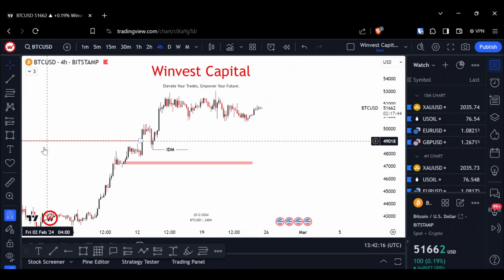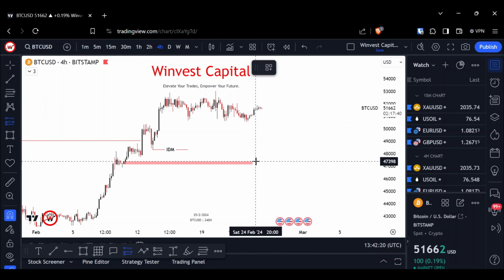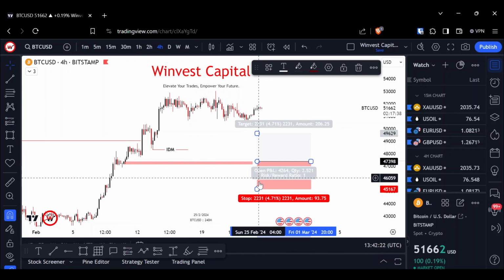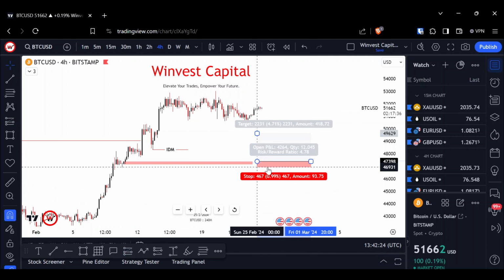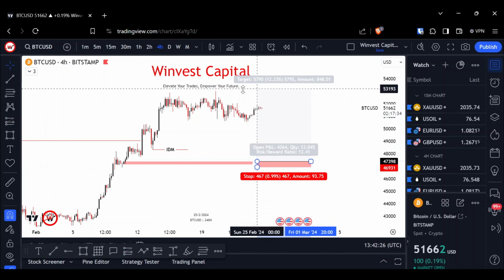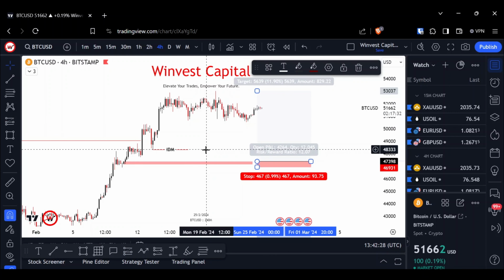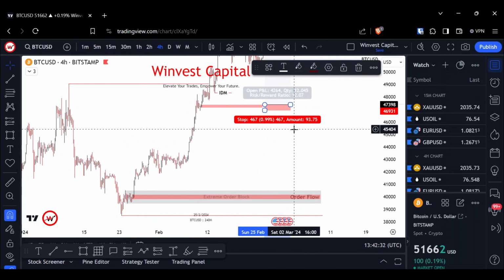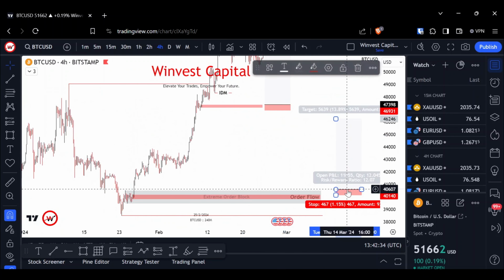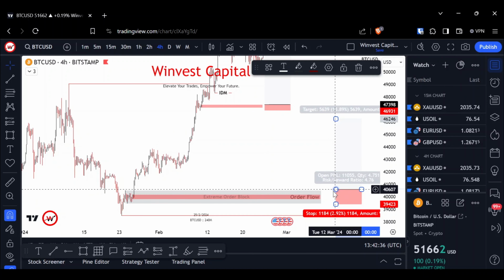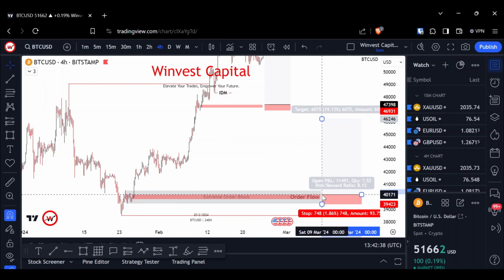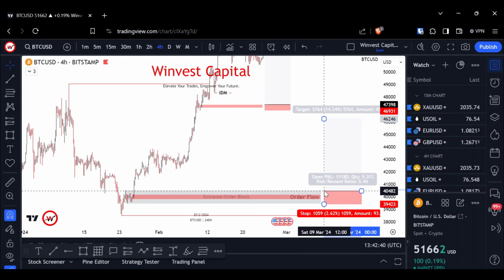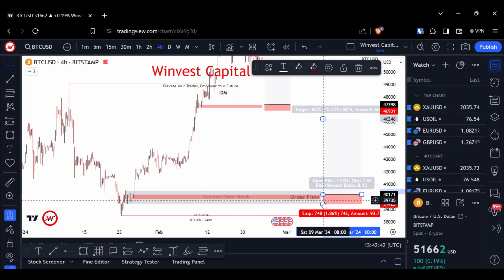And if you have marked this as your possible trade, you could also take this one, take it to there, or even from the extreme, either order block or order flow.